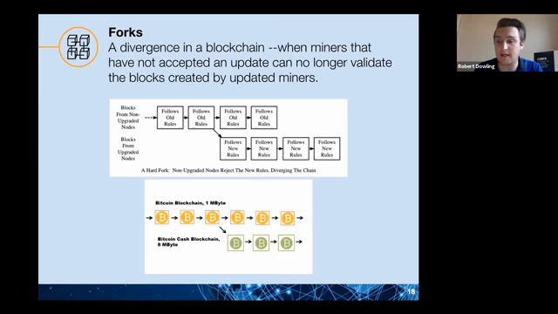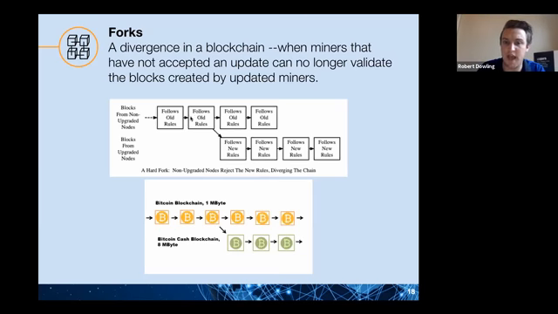But this forking idea has actually resulted in the creation of new Bitcoins, or new blockchains, excuse me. So you could think of things like Bitcoin Cash, which is a fork of the Bitcoin blockchain.